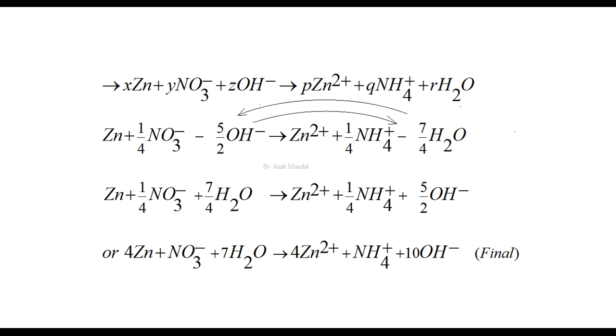So ultimately we are getting Zn + 1 by 4 NO3⁻ + 7 by 4 H2O gives Zn²⁺ + 1 by 4 NH4⁺ + 5 by 2 OH⁻. Now multiply the equation with 4. So we are getting 4Zn + NO3⁻ + 7H2O gives 4Zn²⁺ + NH4⁺ + 10OH⁻. This is our final balanced redox reaction.